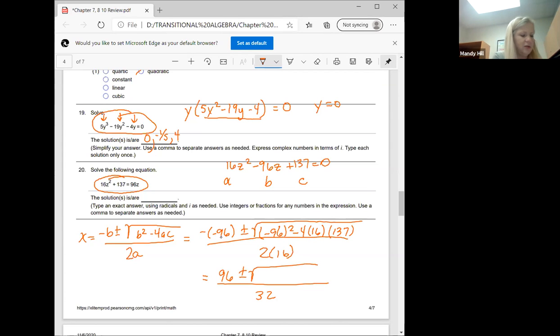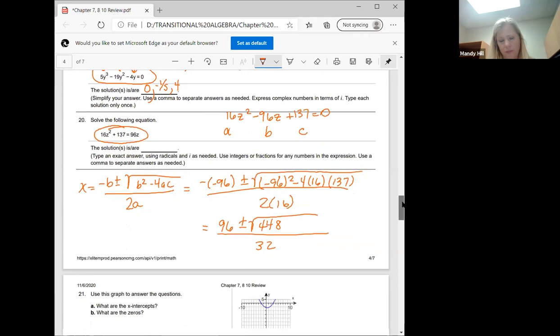So let's figure out what's underneath the square root. Negative 96 squared minus 4 times 16 times 137. That's 448.